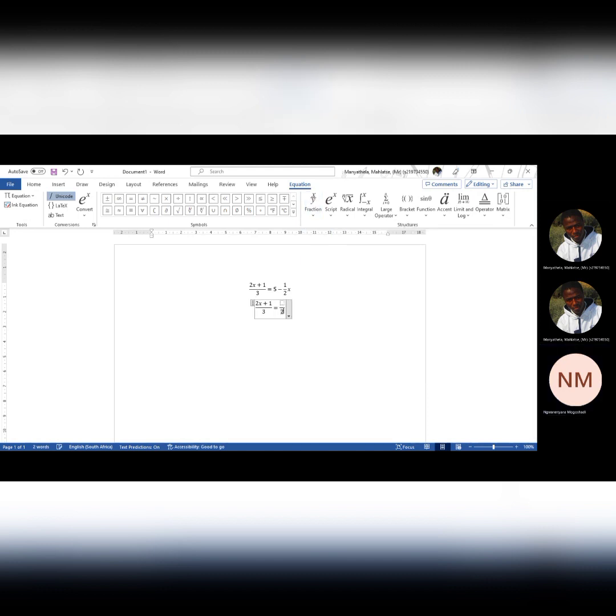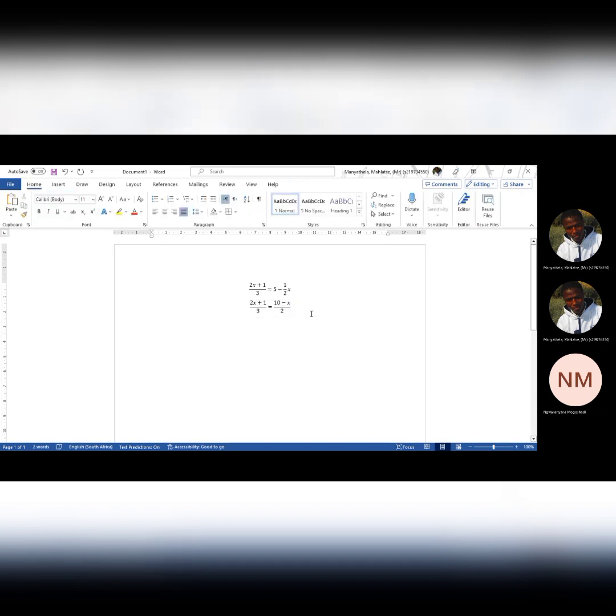So meaning we'll have 10 subtract x over 2. Then the next step would require cross multiplication, which will be 2 times, then 3 times.